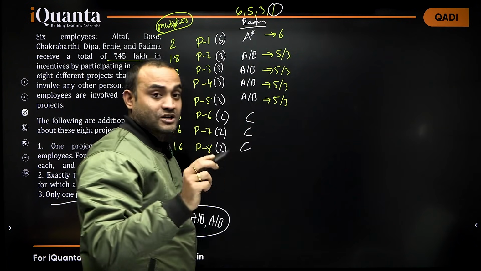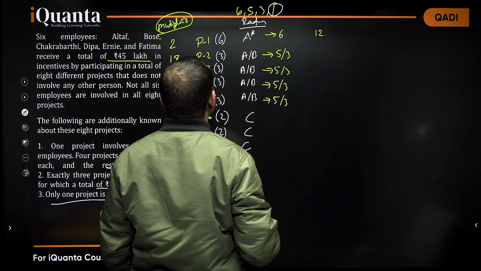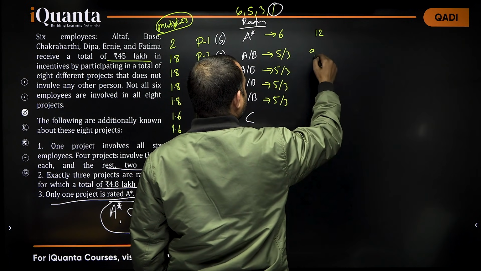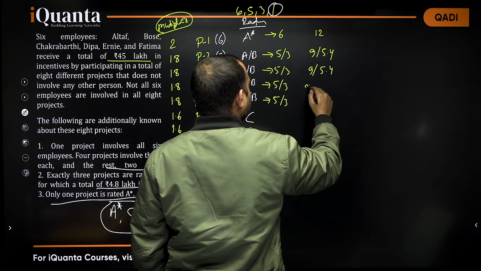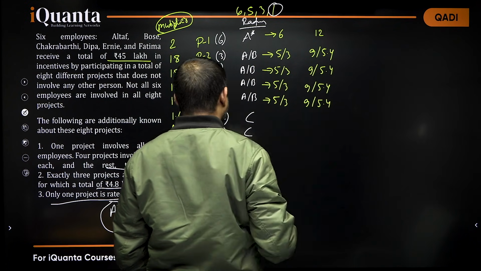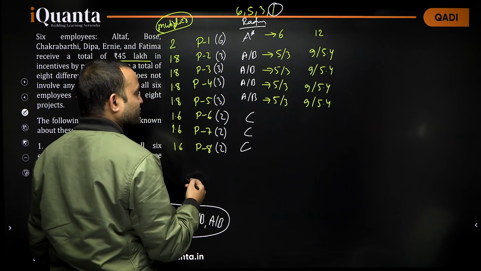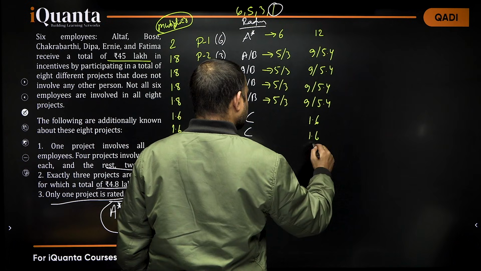What will be the total payment? 6 into 2, 12 lakhs, right? And then 5 into 1.8, that is equal to 9, or 3 into 1.8, that is 5.4. Already we have 4.8. So first let's subtract this. We already have the amounts here, which are 1.6 lakhs, 1.6 lakhs, 1.6 lakhs.